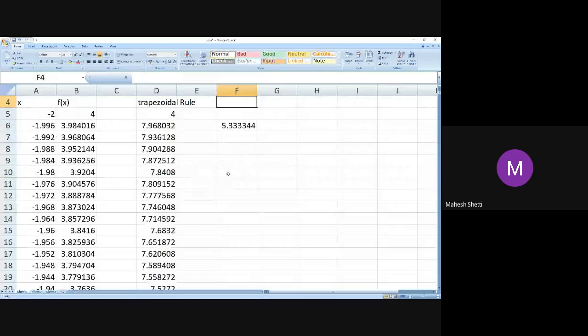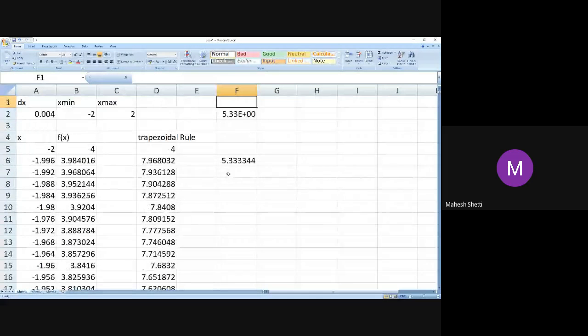Sorry, that final bracket I was not entering. So now see what has happened. Earlier, we know the actual answer should be 8 cubed by 3 minus minus 8 cubed by 3, which is 16 by 3, so 5.3333 and so on. Earlier, remember, the value was 5.3344. Now it is 5.333344.